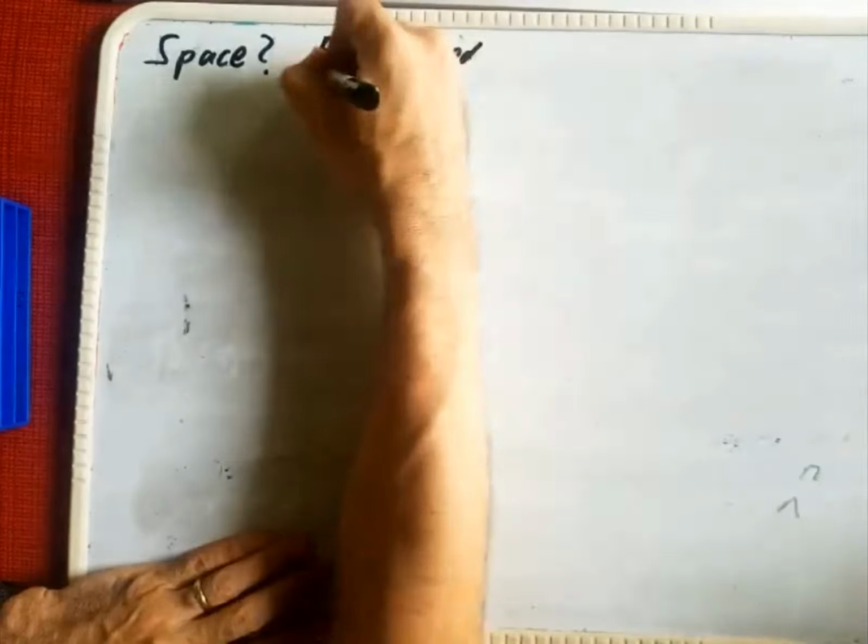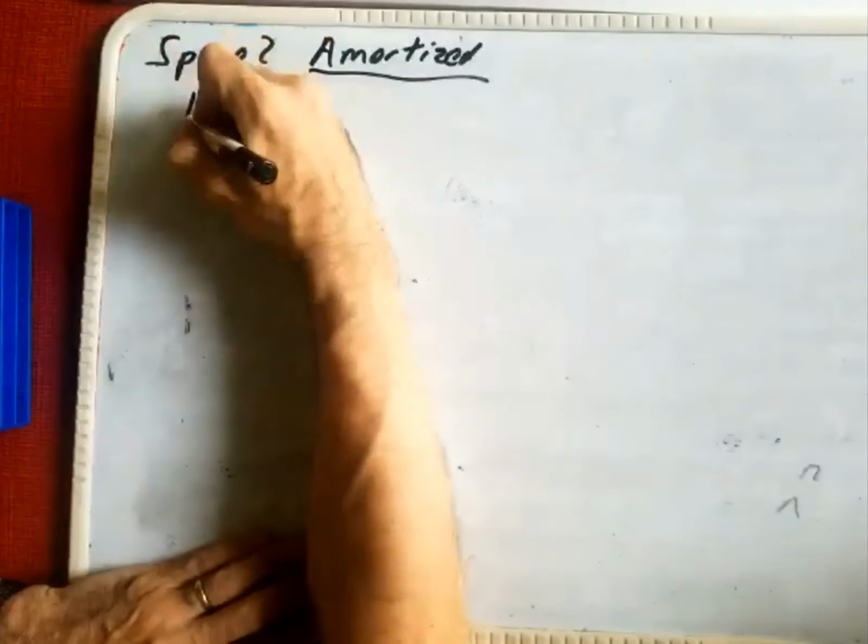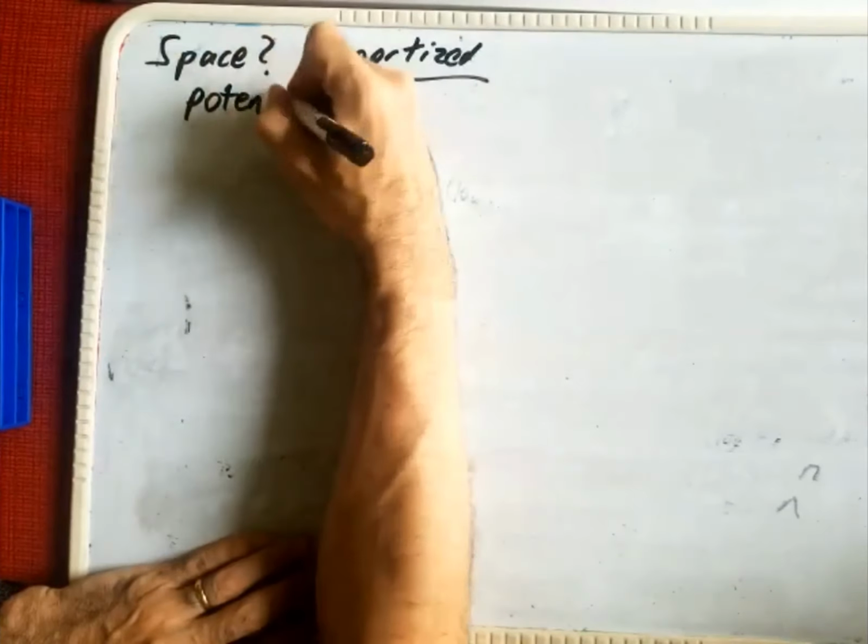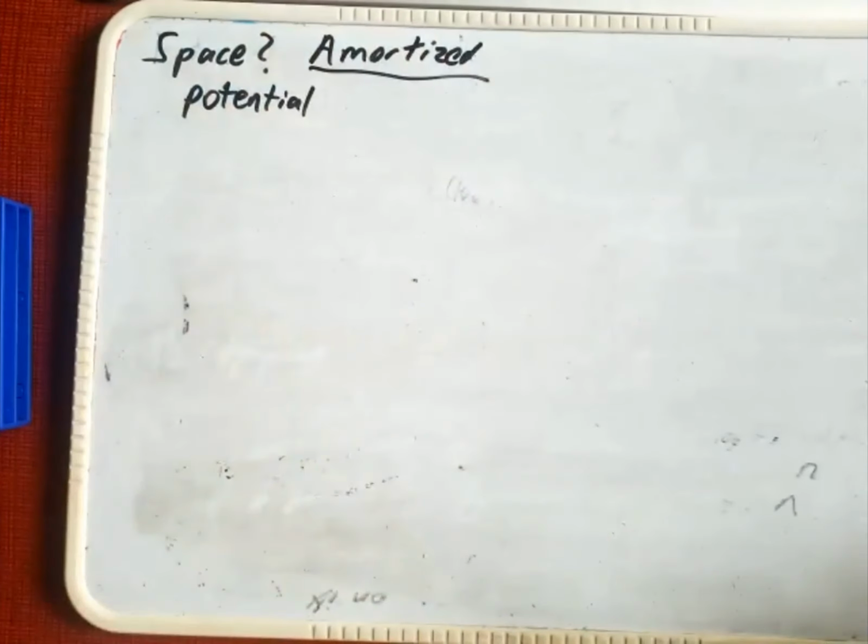We're going to do an amortized analysis of this using a potential function. So again, the point of a potential function is to represent deferred work or deferred resources that we're going to need, but we've put off actually acquiring them. We've put off spending the time. And so we want a potential function that represents the amount of deferred resource consumption, which in this case is going to be space.